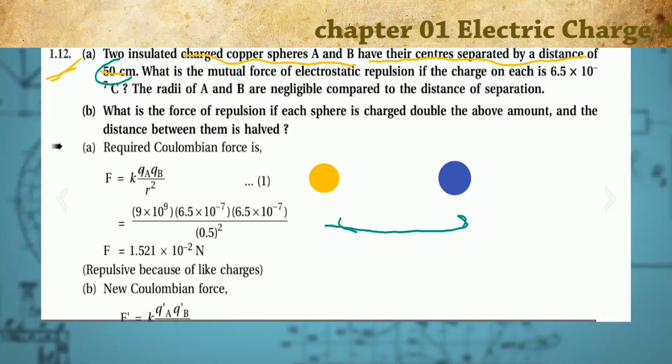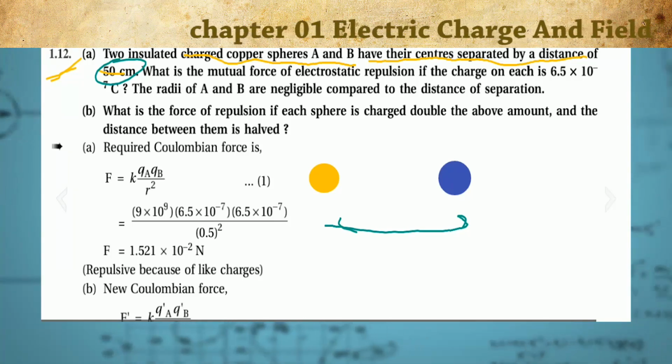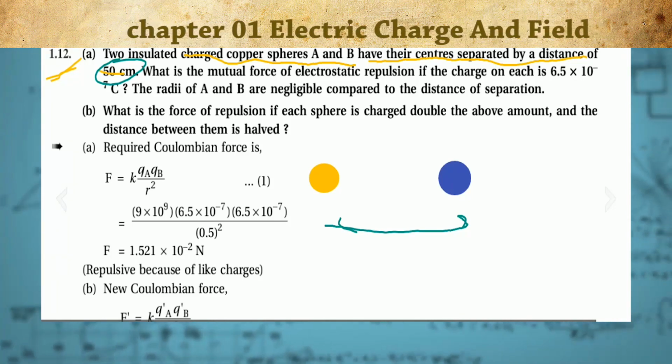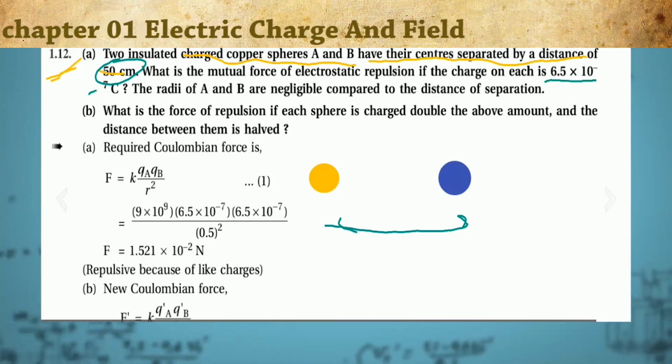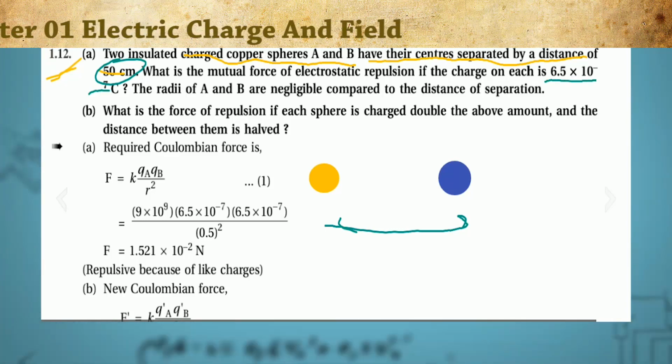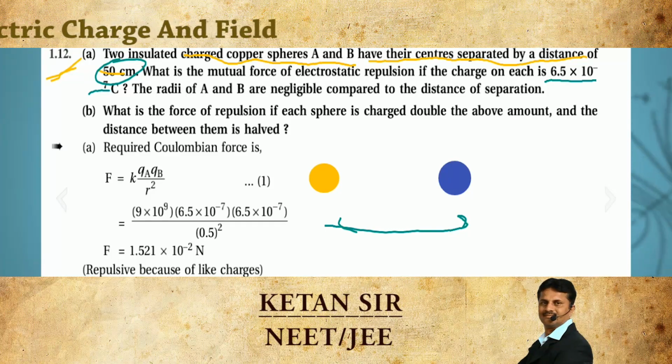Distance between their centers is 50 centimeter and both carry the same charge 6.5 into 10 raised to minus 7 coulomb. The radius of A and B are negligible as compared to the distance.